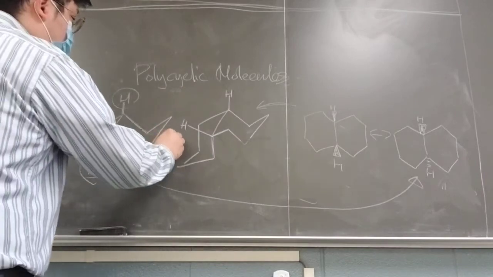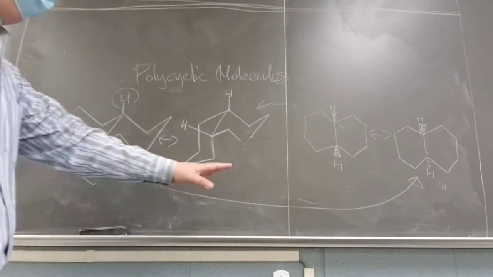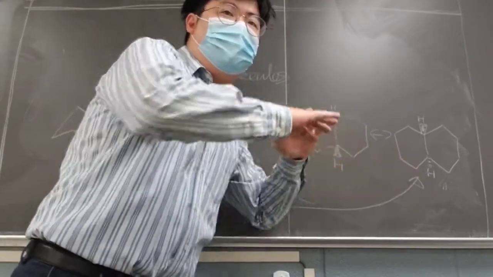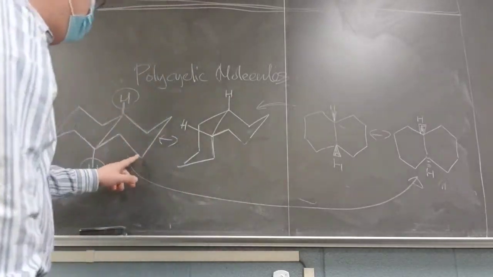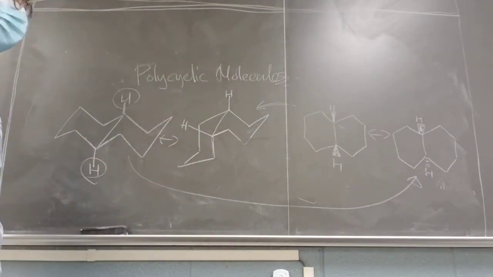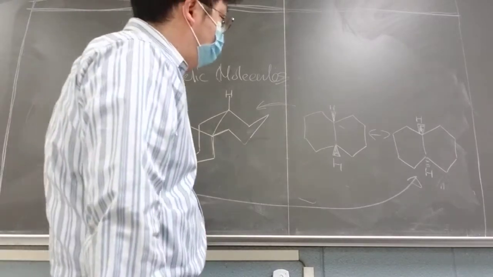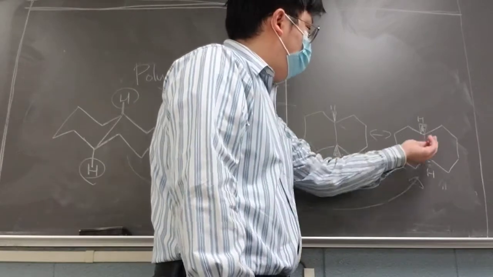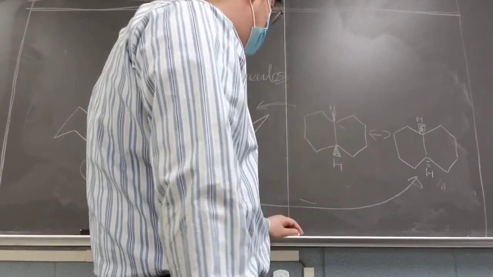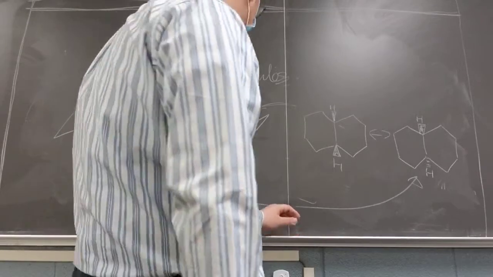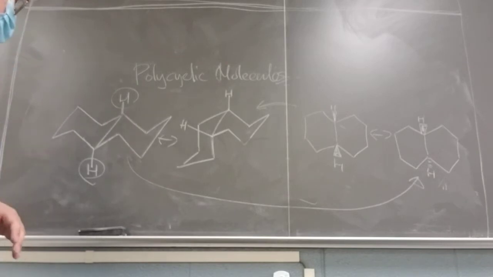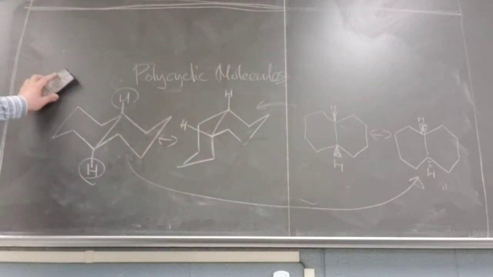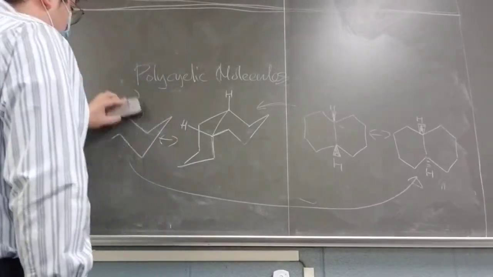If you compare these two, even though they have a similar shape if you look at it in 2D, in 3D it's completely different structurally. That is why, when you look at decalin, finding out the position of the hydrogens on the bridge part of this polycyclic compound is very important, because it gives us very different structures.